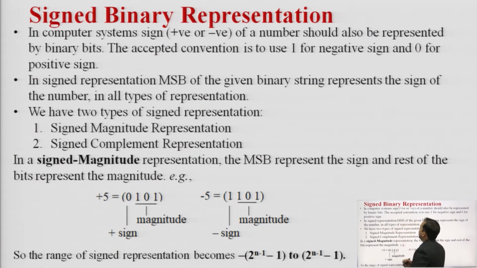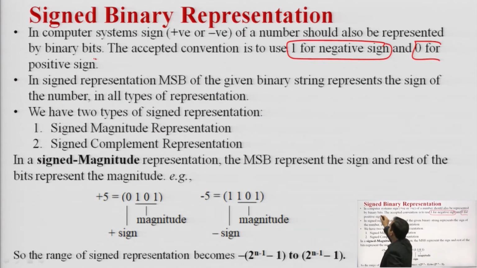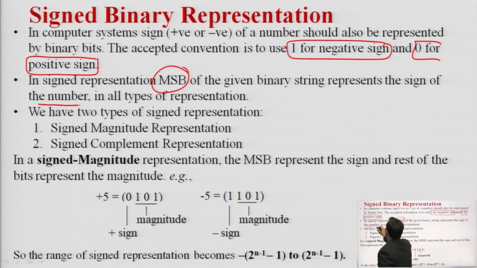As we can see over here, 1 is used for negative sign and 0 is used for positive sign. So in sign representation, the MSB, which is the most significant bit of the given binary string, represents the sign of the number.